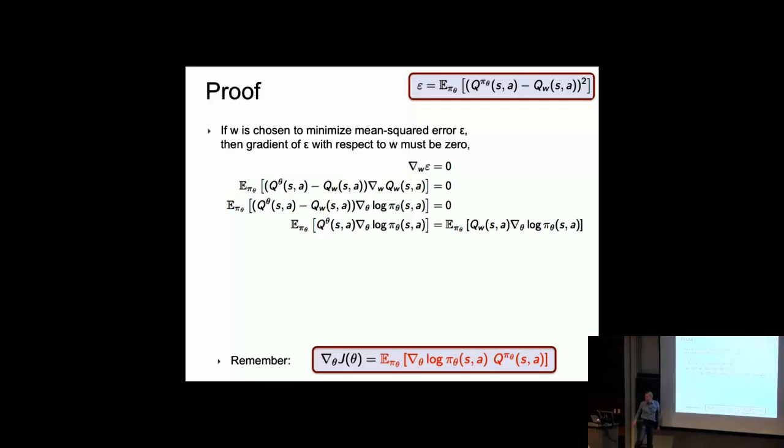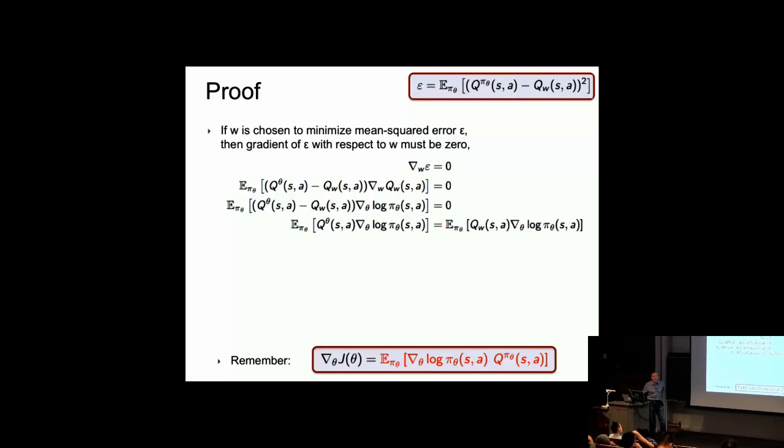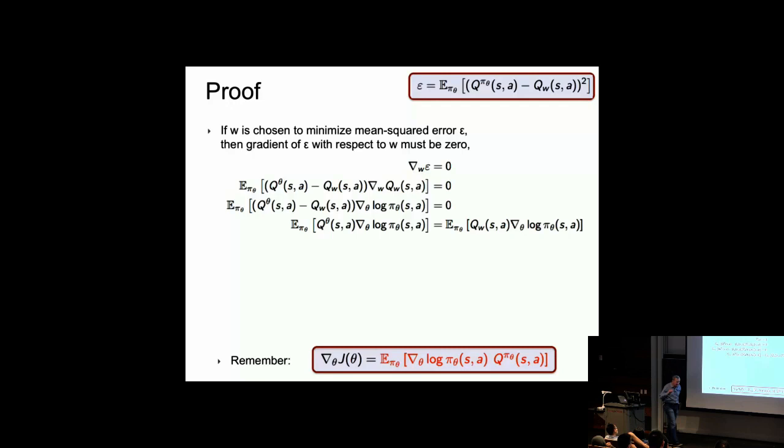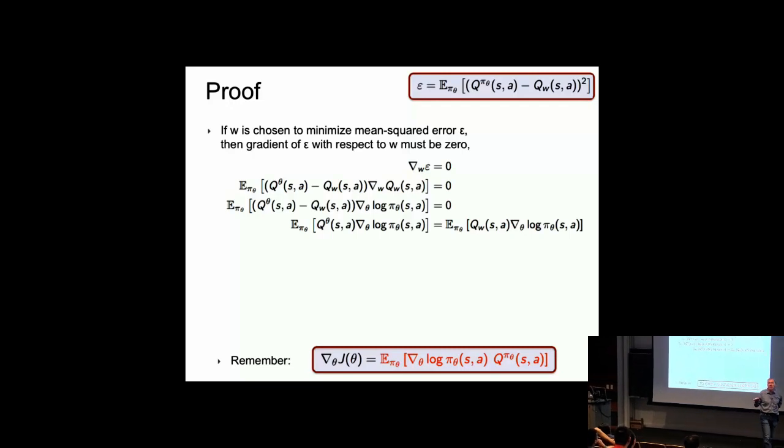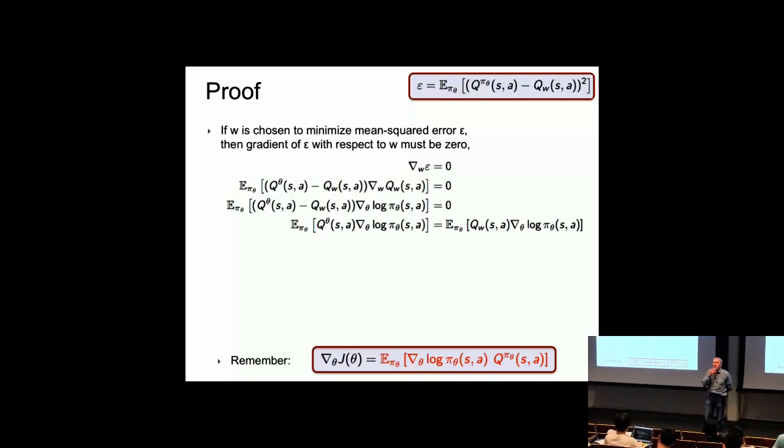Yep? How do you ensure that the first condition holds? This holds after the function approximator has converged. No, I mean, how do you ensure that the gradient of the Q function is the same as the gradient of the log of the policy? Oh, yeah. We're going to have to come to that. It's not obvious how we arrange for that to be the case.